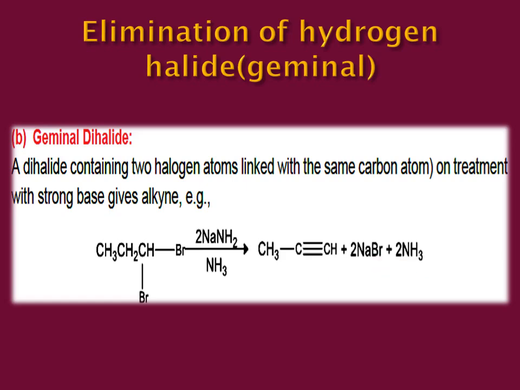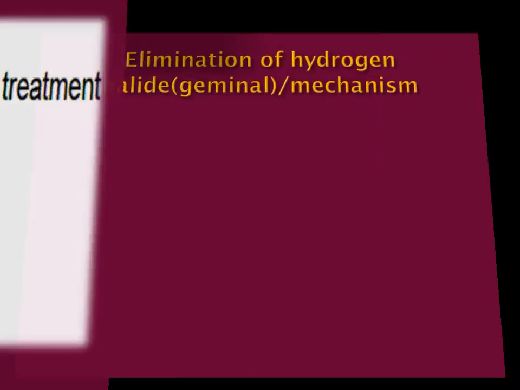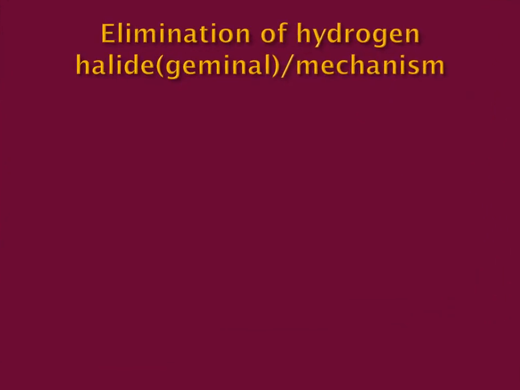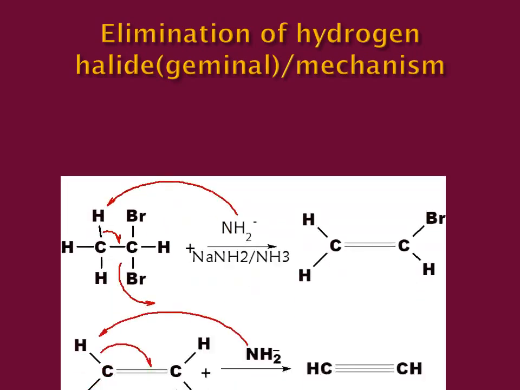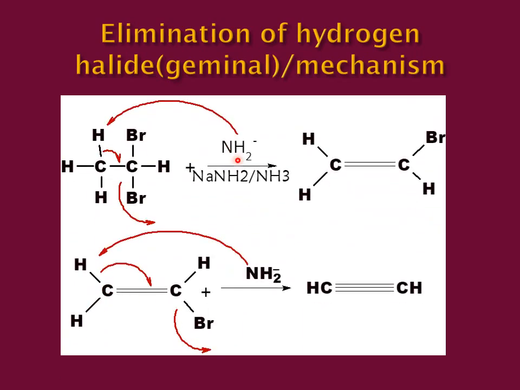Now let us look at the mechanism of this chemical reaction and compare it with the mechanism that we studied for vicinal dihalides. Now students, amide acting as a base is going to abstract this proton, shifting the carbon-hydrogen bond between these two carbon atoms, making a double bond.